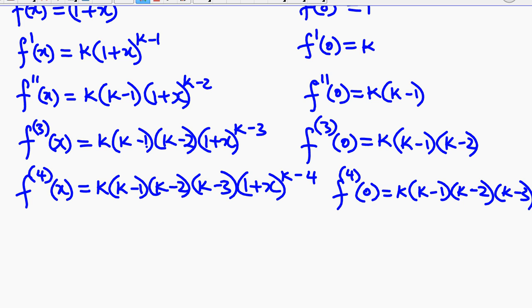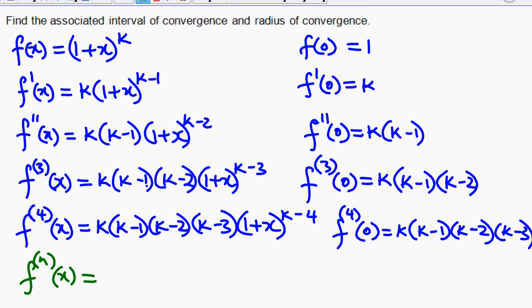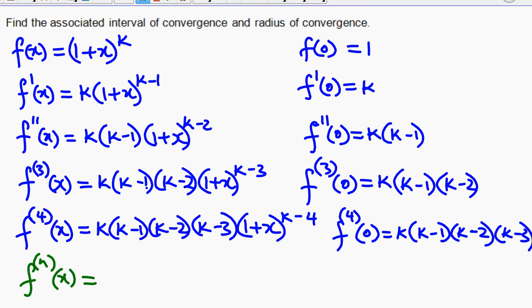Now, suppose I want to find the nth derivative. Let's start from the first derivative. Where did we stop?